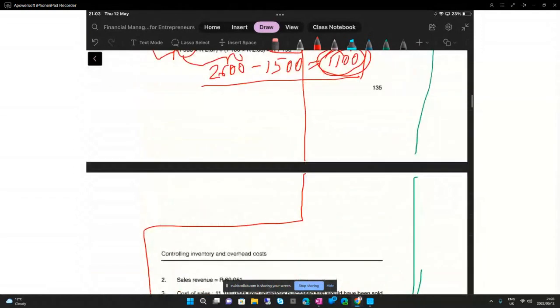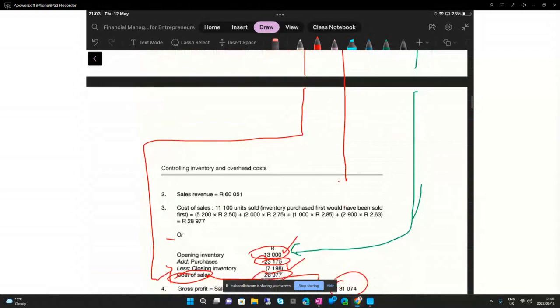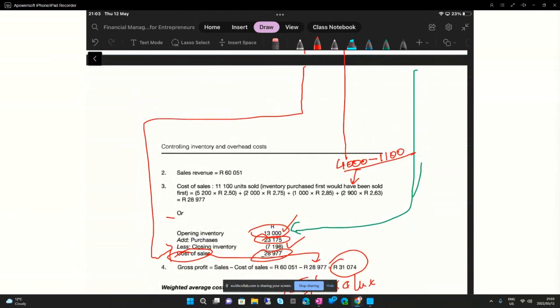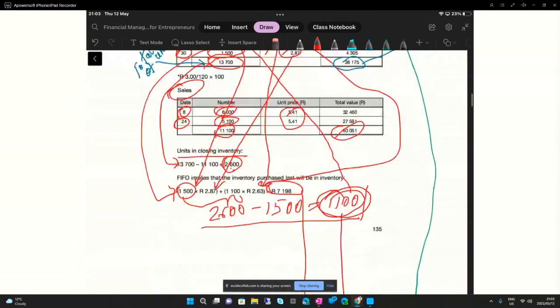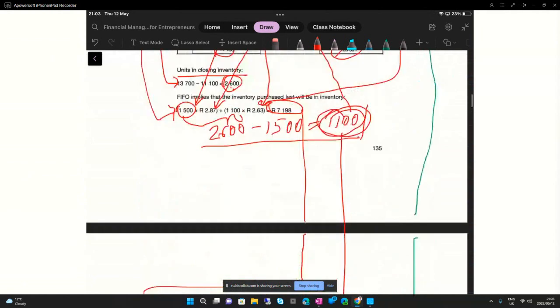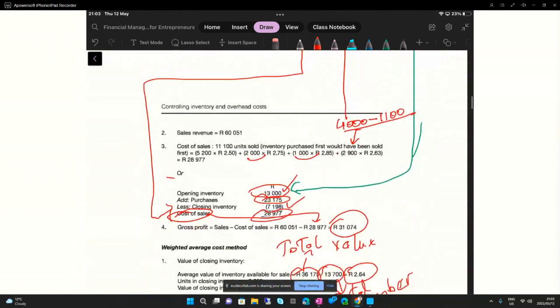So 4,000 minus 1,100 gives you this 2,900. Okay, so the rest becomes easy, right? Because we have an opening plus 2,000, 1,000, and then the 4,000, we are only using 2,900 of it, right?